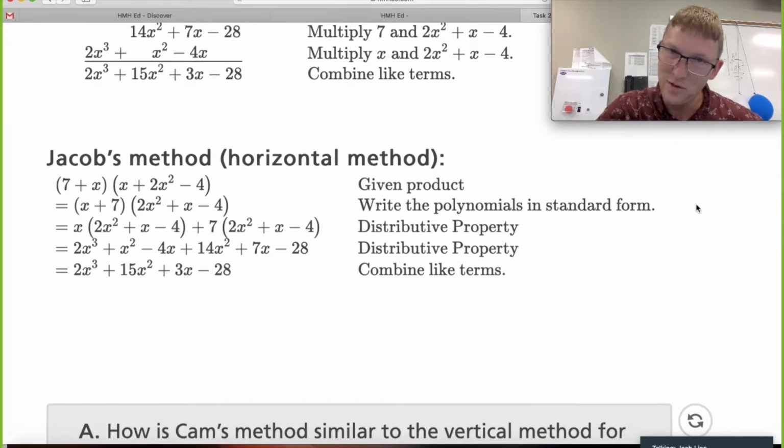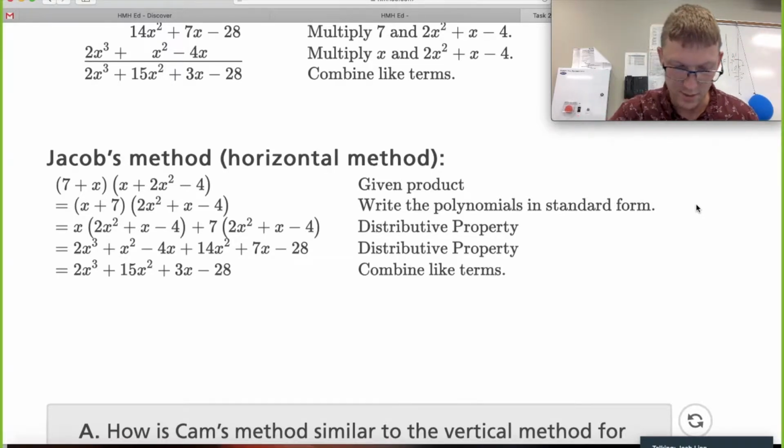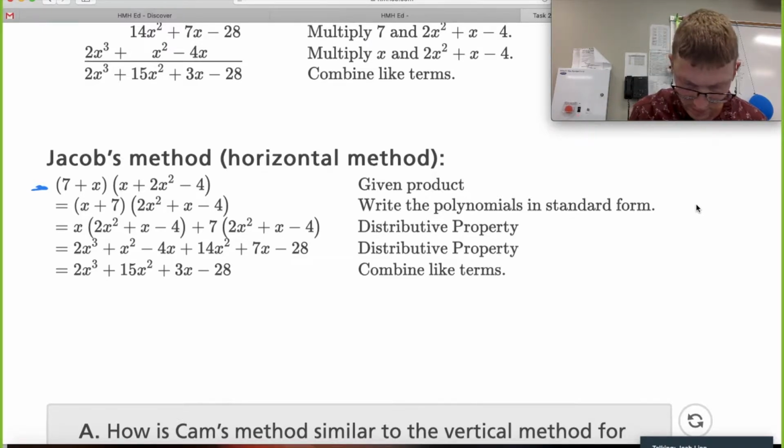The horizontal method is what you would use in a quote-unquote proof. So here's where you start. You write it in standard form because why not? Because of the distributive property, you can, I don't want to say pull the x out, but this is x times this whole thing right here.